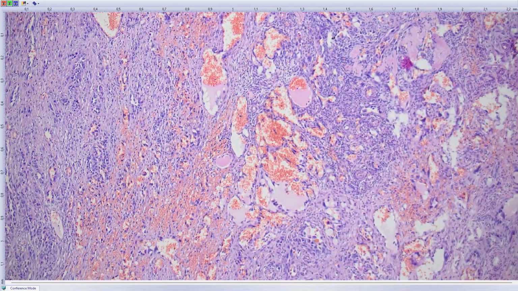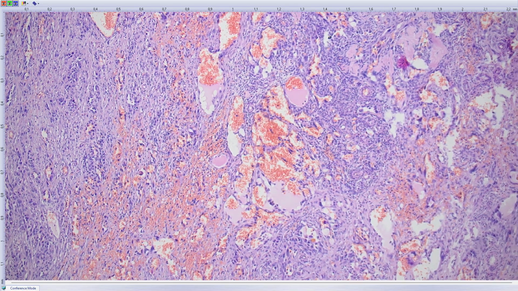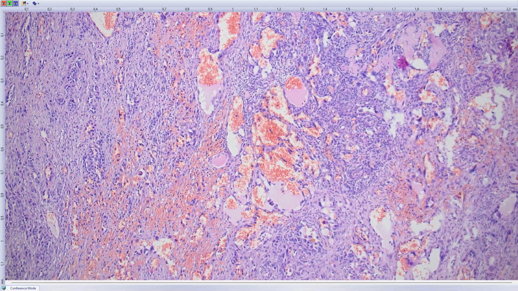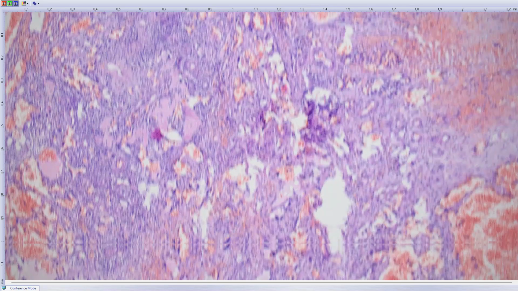The same neoplastic infiltration was seen in omentum and also fallopian tube on the left side. I'll show you some images first.